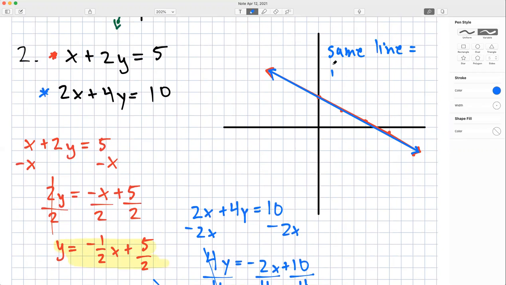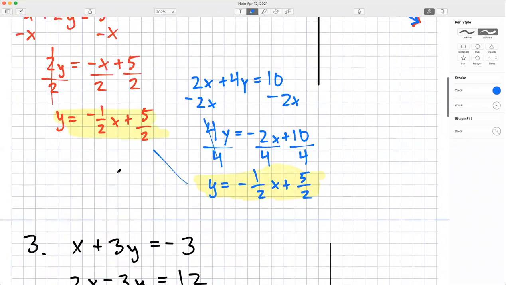That means you have infinitely many solutions. Everything's a solution. Why is that? Because they share every single number. Okay, infinitely many solutions.